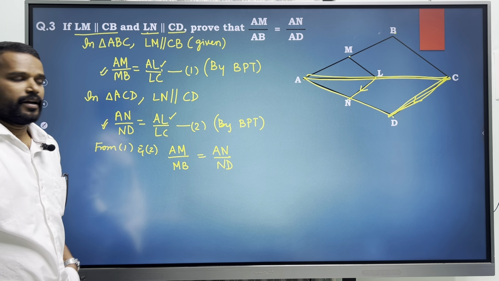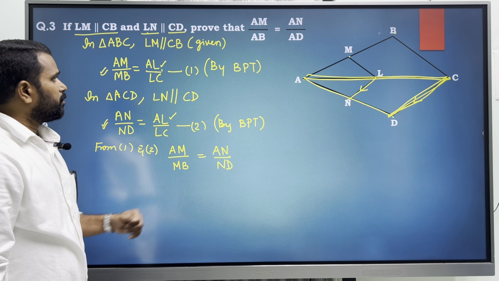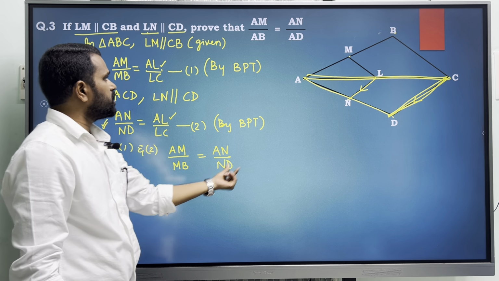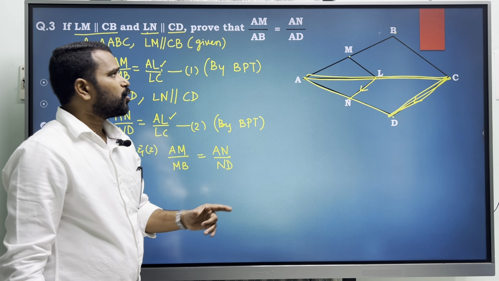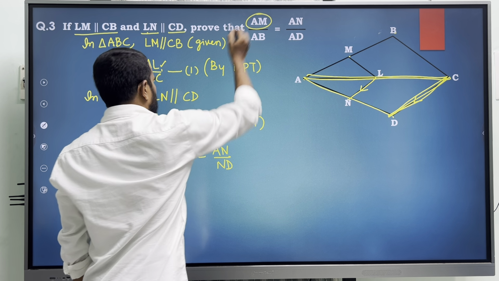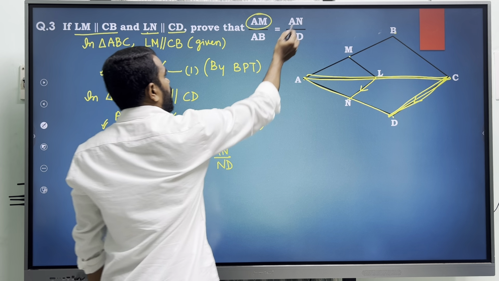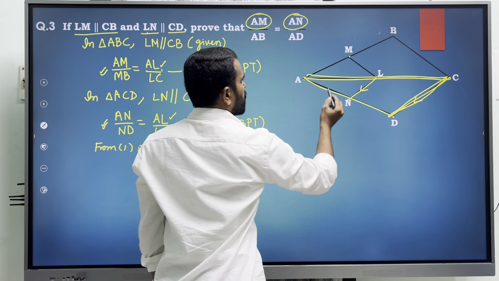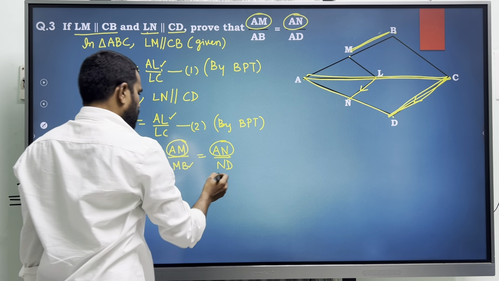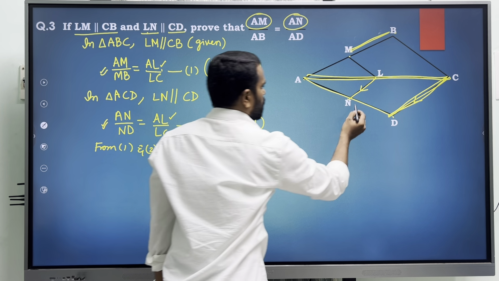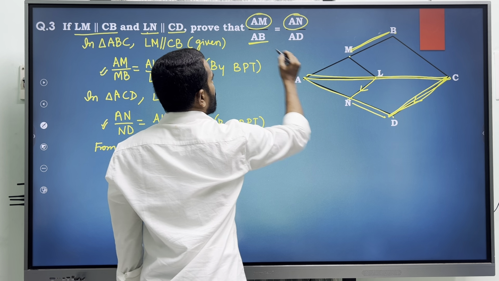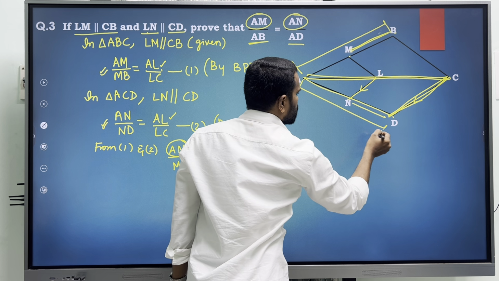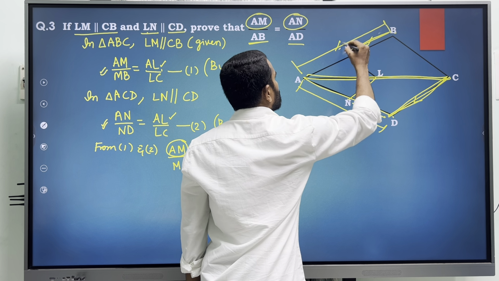But what we want is AM and AN retained. I don't want to change these. But here we have MB and ND, which are different. I want the total AB here and the total AD here, instead of this and this.